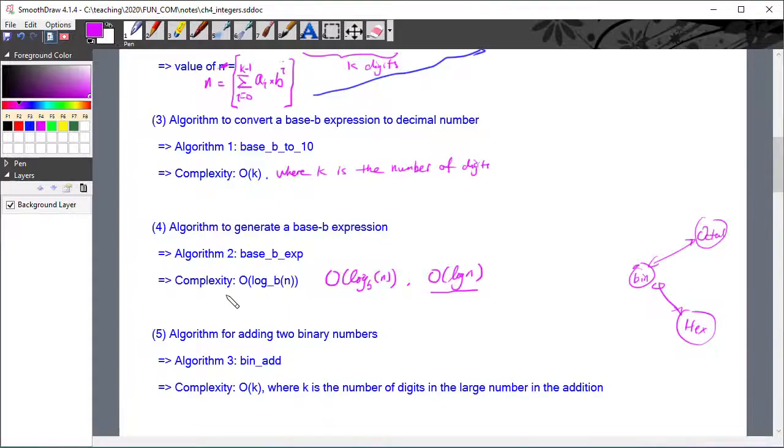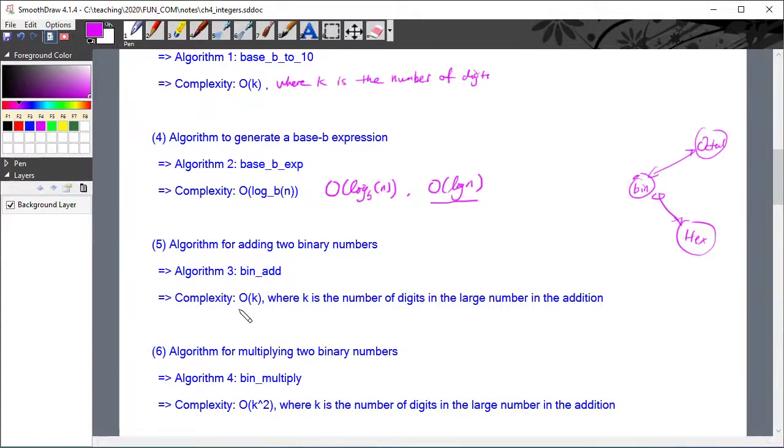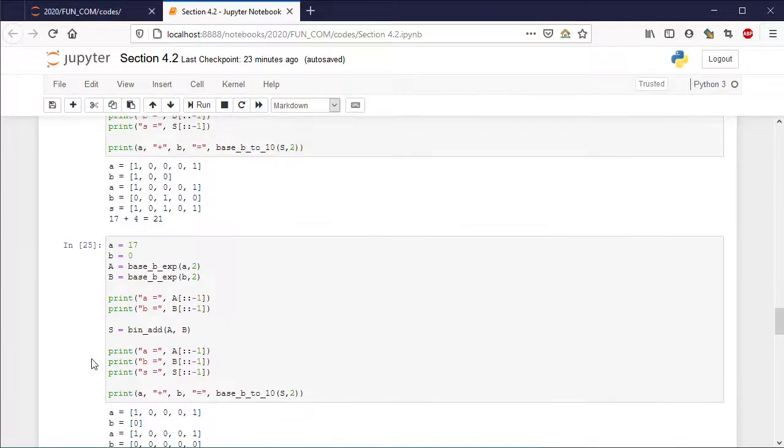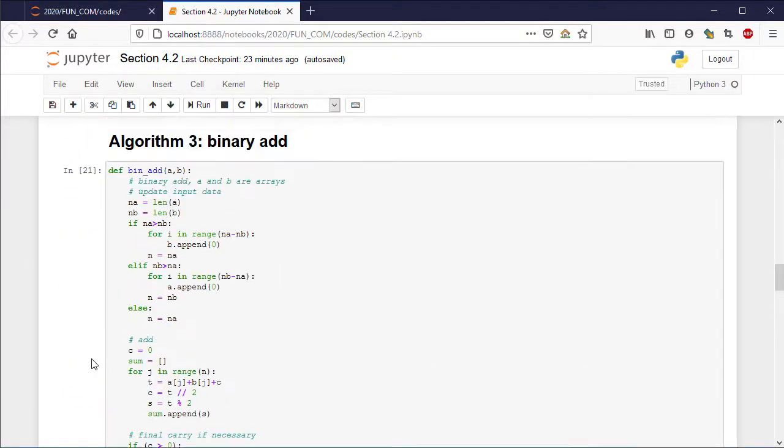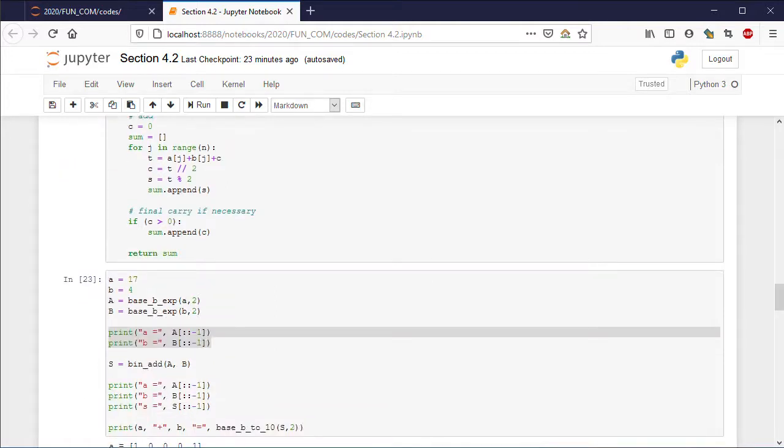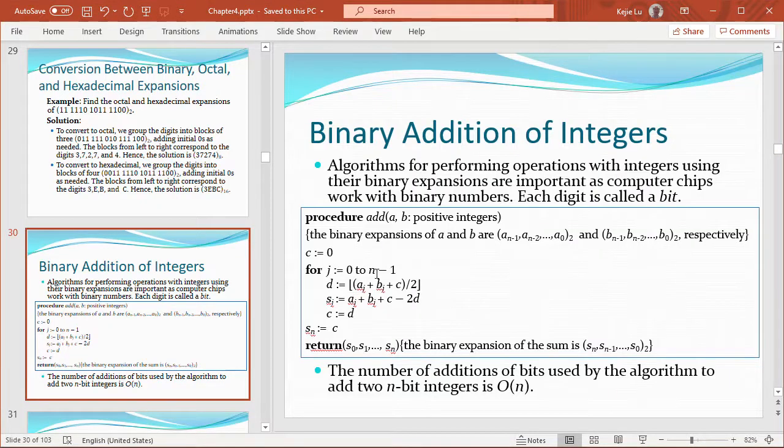So for this algorithm, we have the complexity big O of k, where k is the number of digits in the large number in the addition. Right? All right, so I think that should be very easy to understand.